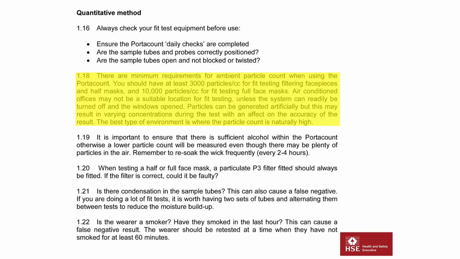And if you're testing a full-face respirator, you have to have 10,000 particles per cc in the ambient air. You have to have a threshold of particles in the air to effectively challenge the respirator's fit and integrity. So that's going to be where you start with an environmental requirement on the ambient aerosol technology.